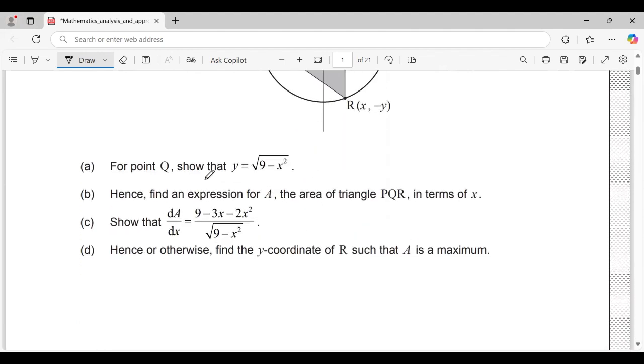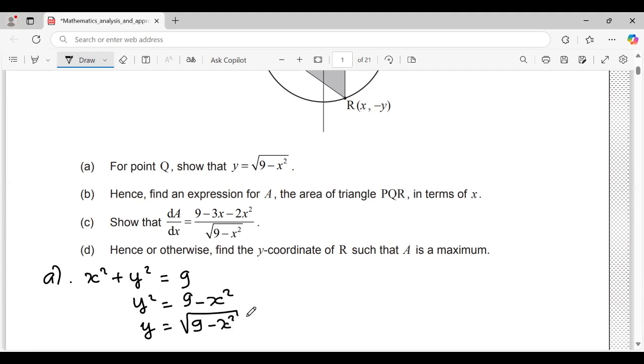Question A. For point Q, show that y equals square root 9 minus x squared. The equation is x squared plus y squared equals 9, so y squared equals 9 minus x squared, or y equals square root 9 minus x squared.